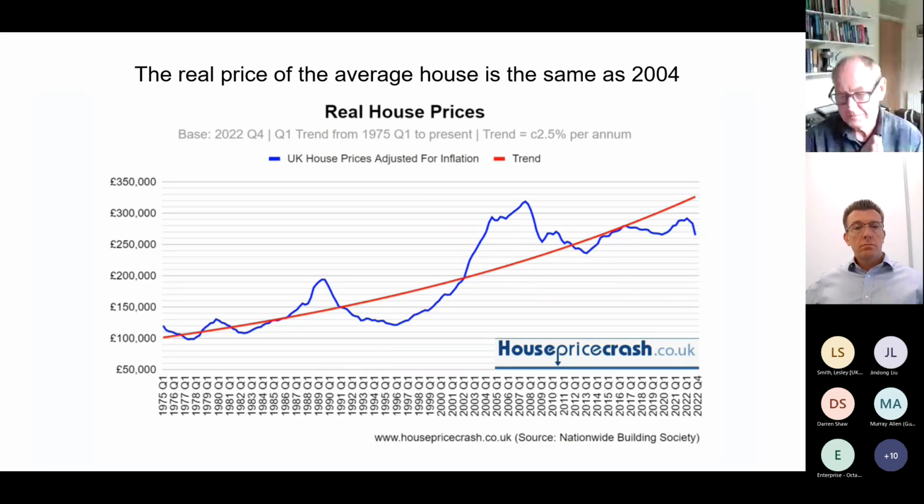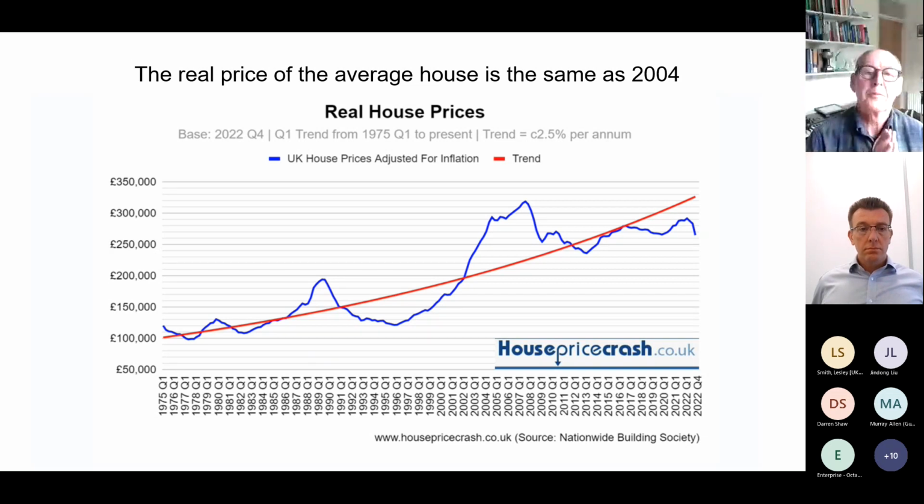Even better news, and people in my local pub still won't accept this. If you adjust the average price of a British house for inflation, it's no more expensive than it was in 2004. But since then, purchasing ability has risen by 8%.